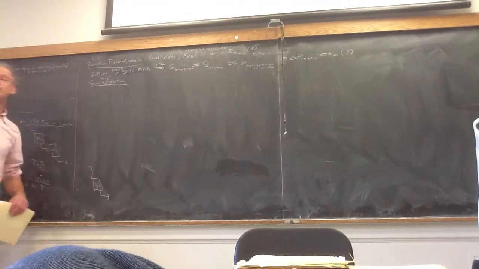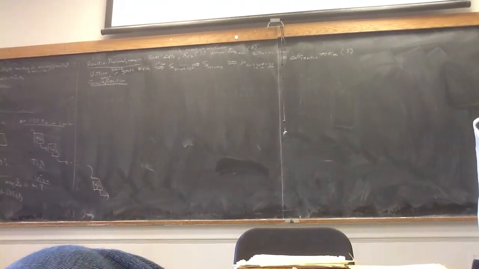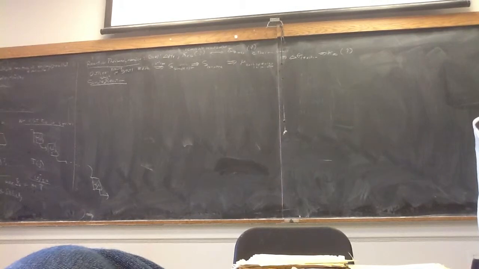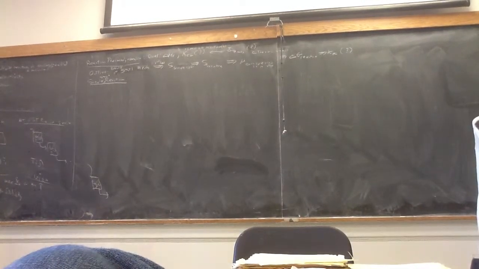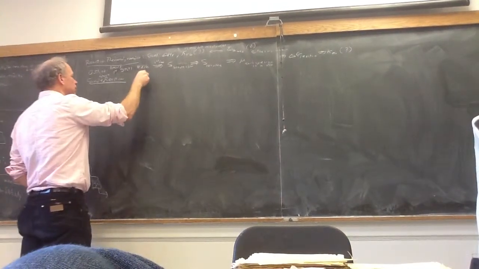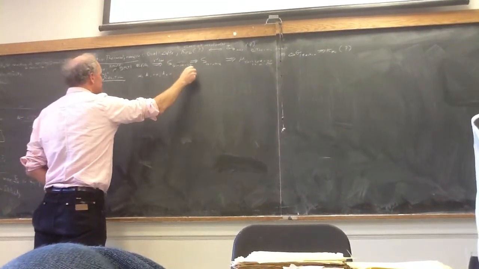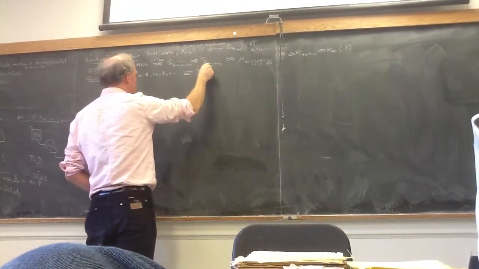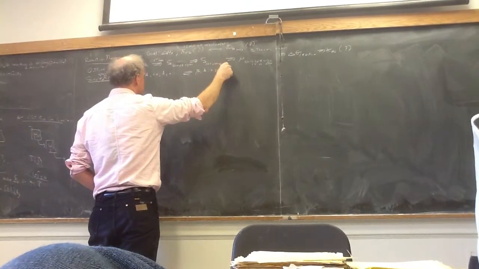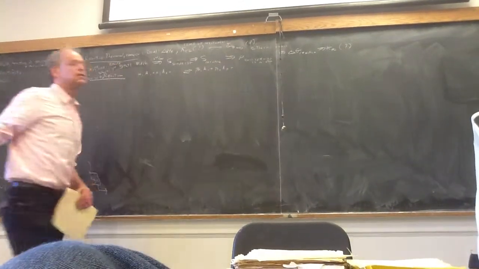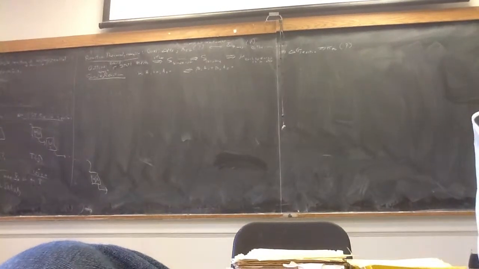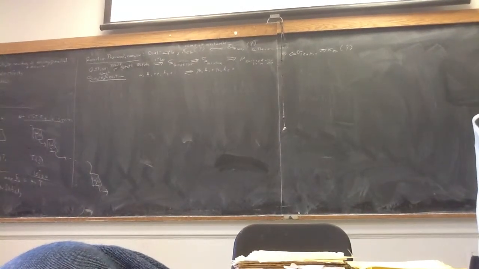Here I'm just talking about equilibrium, not kinetics. So I've got alpha 1 A1 plus alpha 2 A2 plus dot dot dot goes to beta 1 A1 plus beta 2 A2 plus dot dot dot. So there's only one reaction, one set of stoichiometry going on here.